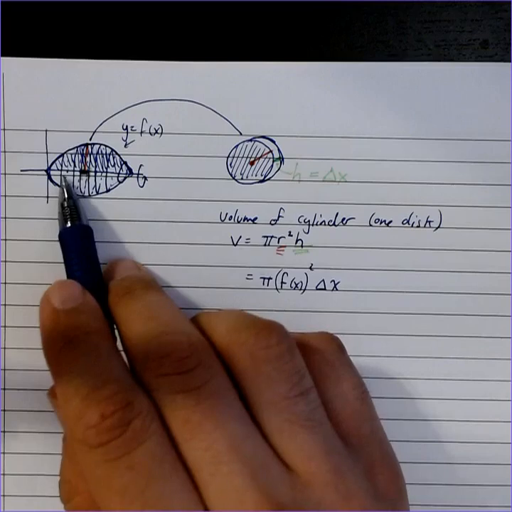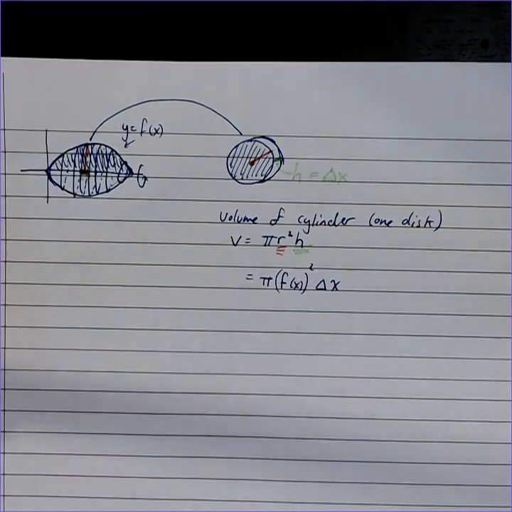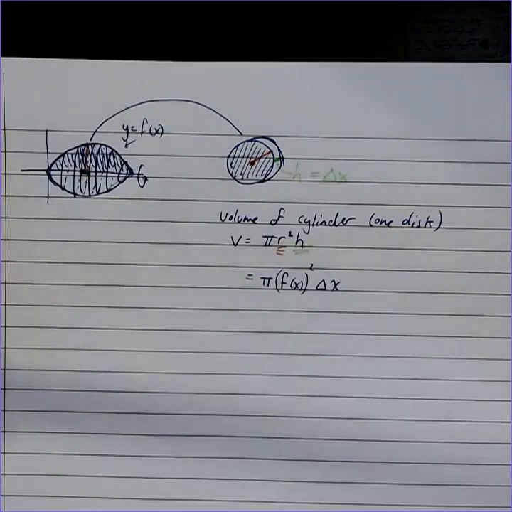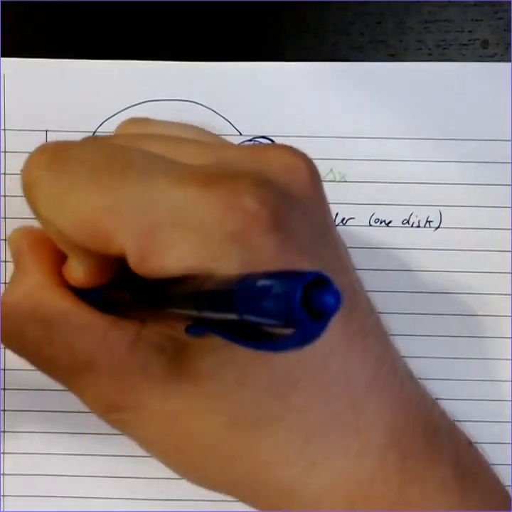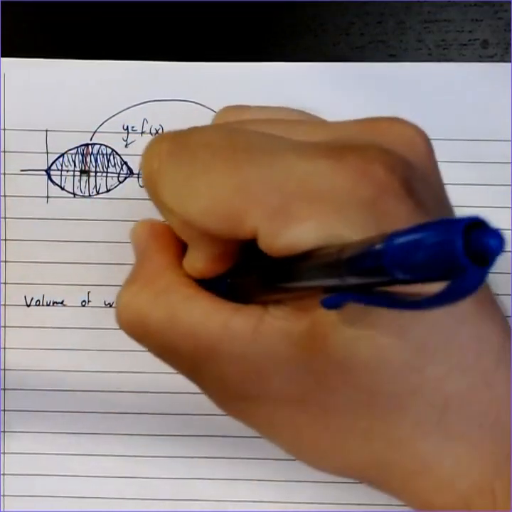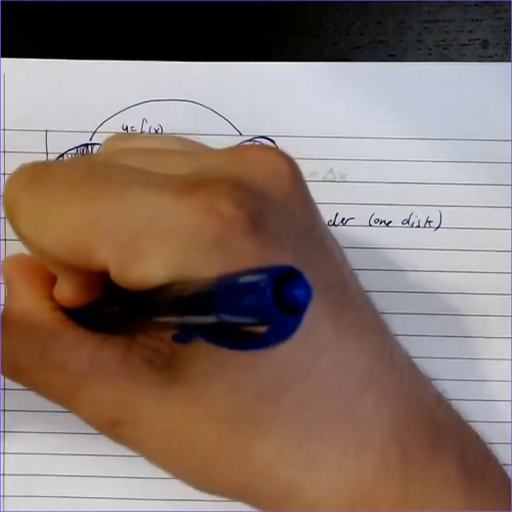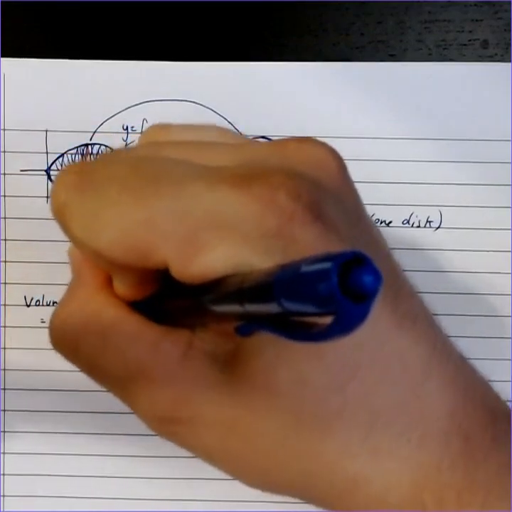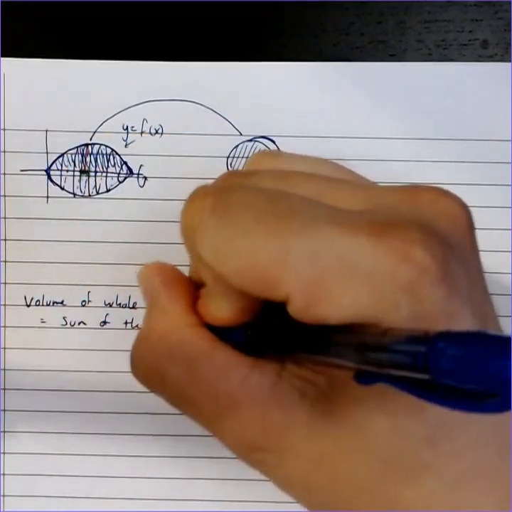But once I find each one, I want to add them together. I want to stack them to form the object. So that's the volume of one cylinder, one disk. The volume of the entire object, the volume of the whole solid, is equal to the sum of the volumes of the disks.